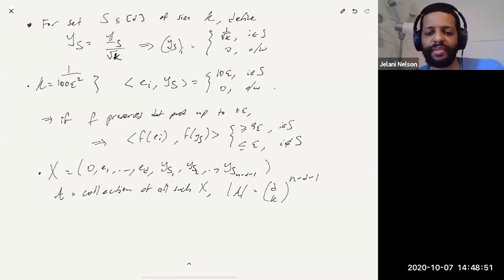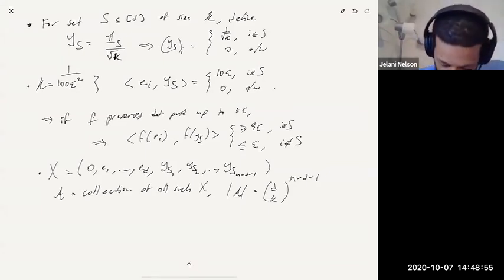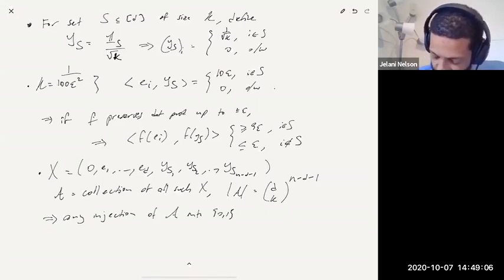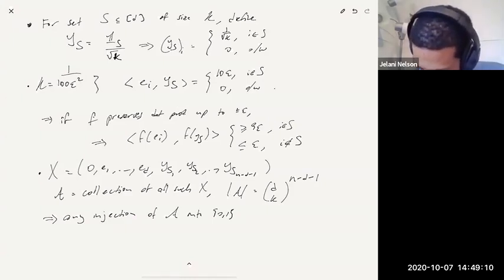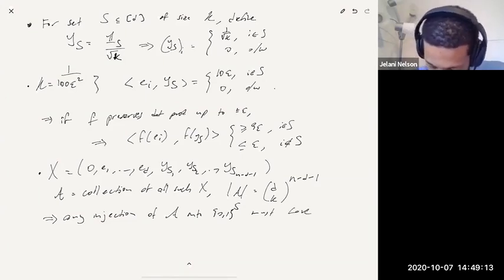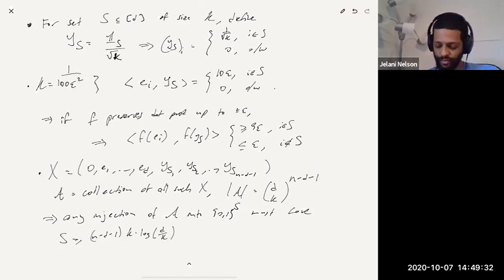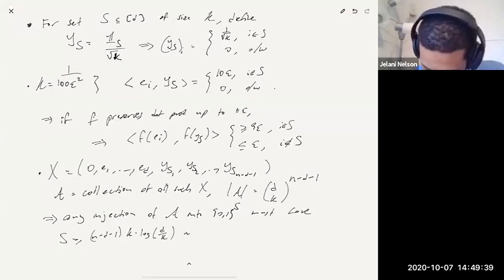So any injection of A into, say, 0,1 bit strings of length S must have S being at least the logarithm of the size of A, which is N minus D minus 1 times log of D choose K, which is roughly K times the log of D over K. Which is, basically, N times K. What is K?